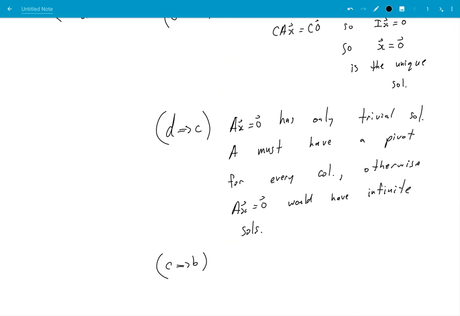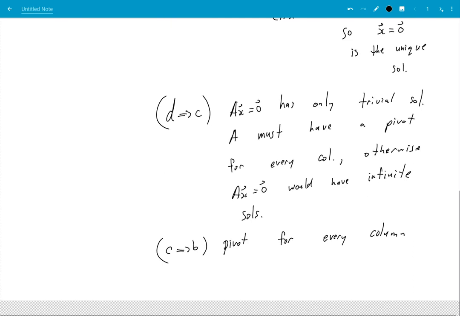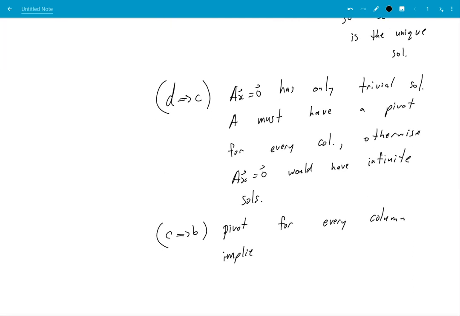Again, so given that I have a pivot for every column, why does A row reduce to the identity? Well, this is obvious, right? Just say pivot for every column implies, we'll say clearly, that A row reduces to the identity.